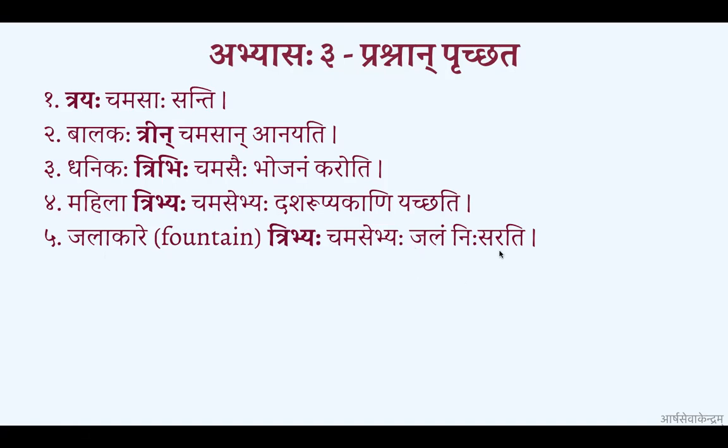What is the meaning of the sentence? Vakya. How many spoons? Tribhyah chamasebhyah, meaning? Spoons. No, spoons, vibhakti also. You have to use the vibhakti. Okay. With how many spoons?